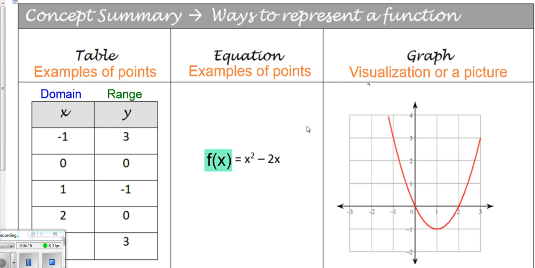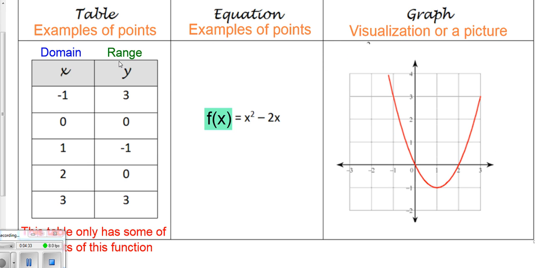So let's look at ways to represent a function. We can have a table, an equation, or a graph. A table is simply examples of the points. Sometimes a table is going to have everything, just like when we had relations that were only a few points on a graph, that table could completely show you everything.